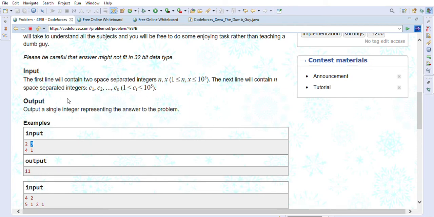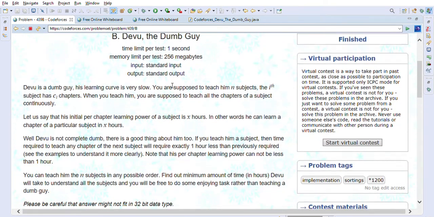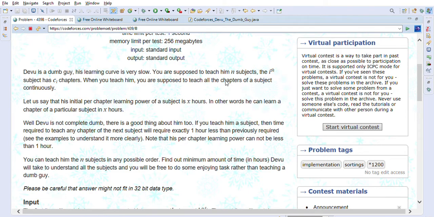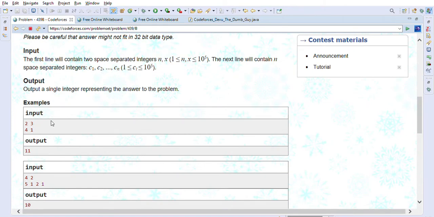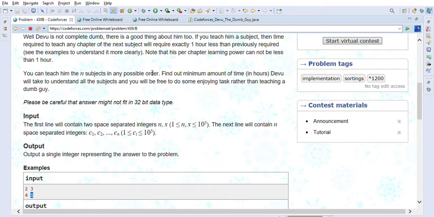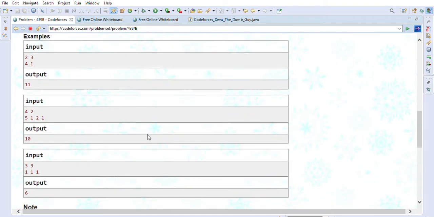Then the next line will contain n space separated integers c1 to cn, where ci is the number of chapters in the subject, like four chapters in subject one, one chapter in subject 2, and so on. In output we have to output a single integer, the minimum amount of time in hours they will take to understand all subjects.